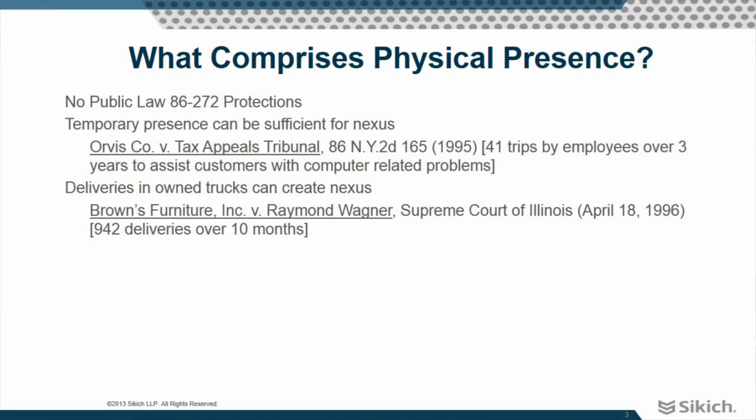What this states is if a company is purely soliciting sales in a state, these orders are approved from without the state, and the orders are filled from without the state, that state is prohibited from imposing a tax on a taxpayer that's measured by net income. In other words, this is an important nexus concept, but one that does not apply to sales and use tax.